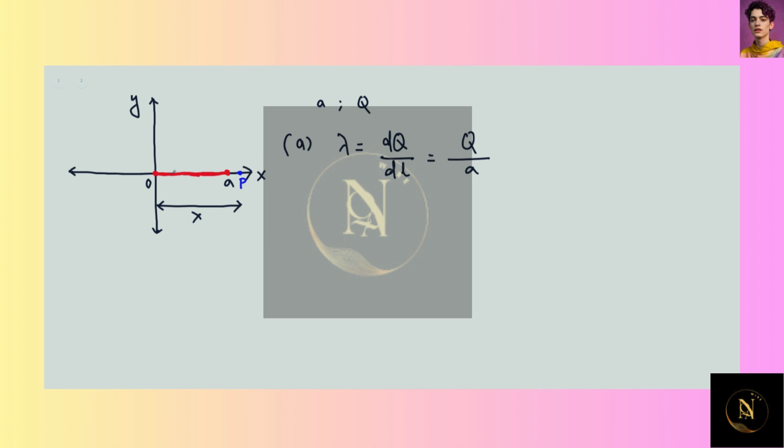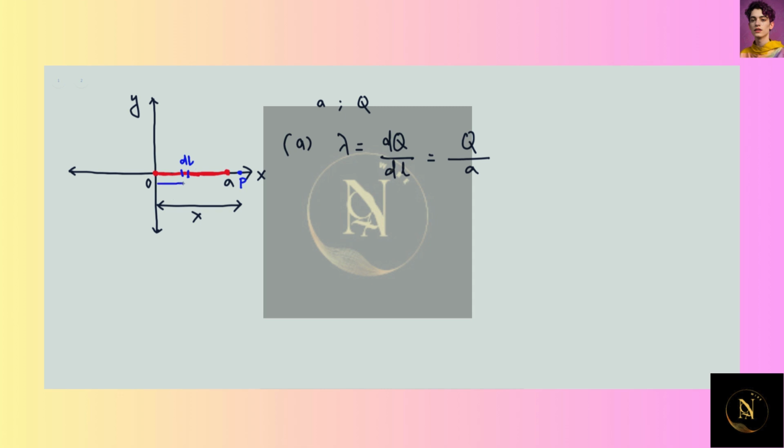Now since charge is uniformly distributed throughout the rod, we can't just directly take the middle point or the whole rod as a point and find the electric field. We have to cut the rod into small sections of small charges and find the electric field of that particular small charge at this point P. So let's say we take this section and let's say that this section is dl.